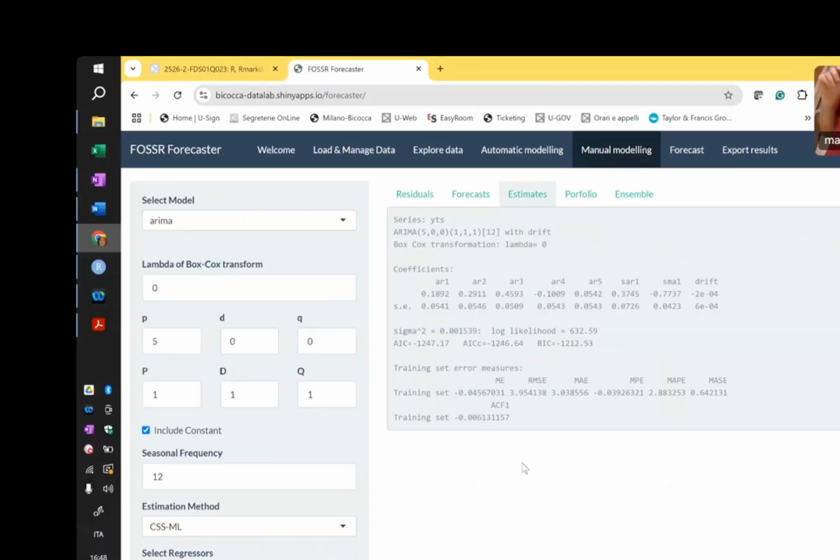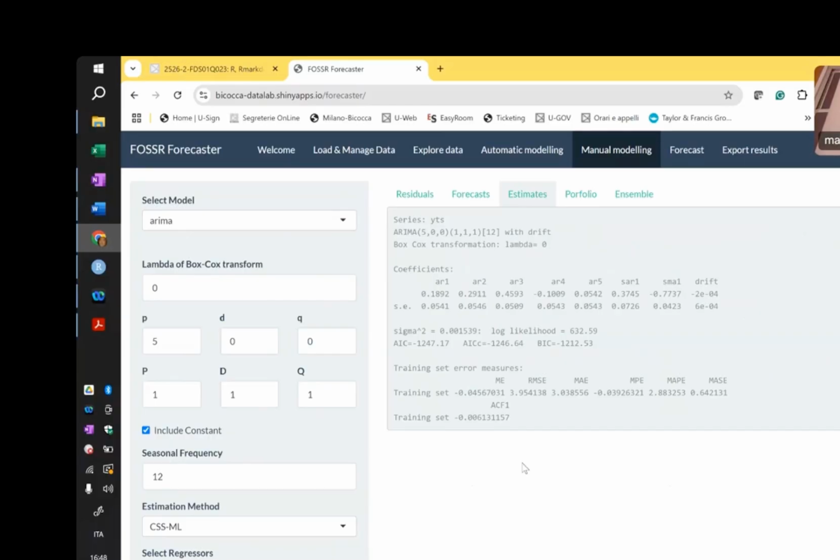Maybe by looking at the instructions of the function, there are some tricks to fix those at 0. But anyway, usually you don't do that. Okay, so these are not significant. We can get rid of these 2 because they're AR4, AR5.